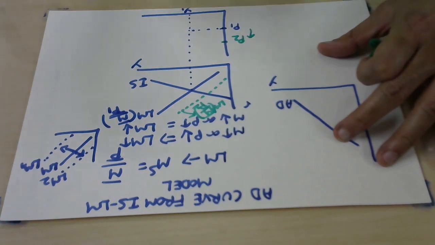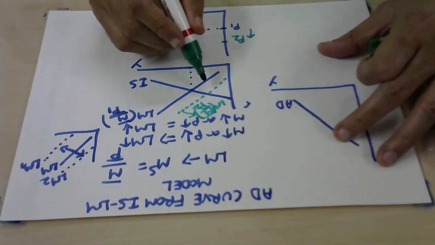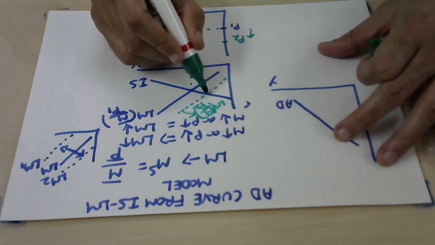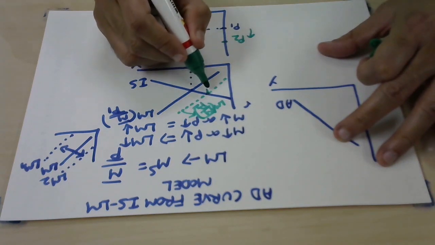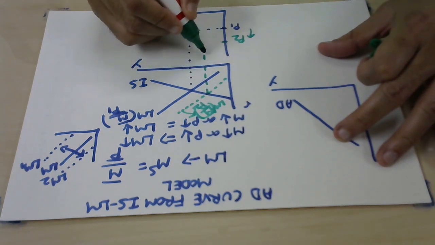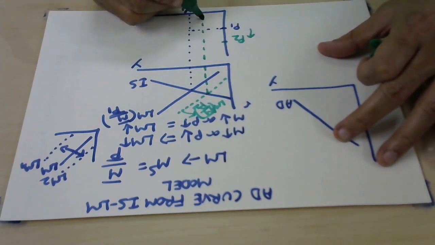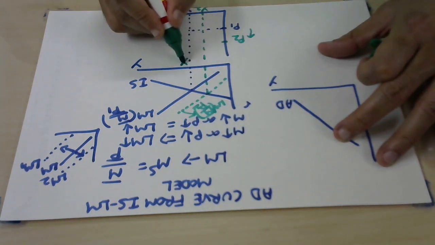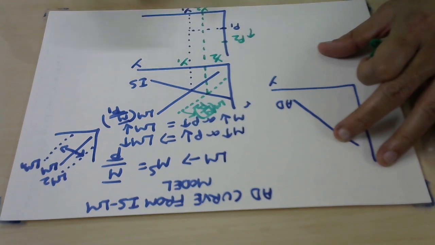Now at the old IS curve, because nothing has happened to the IS curve, what is my new equilibrium GDP? The equilibrium GDP is now Y2. This was Y1, this is Y2. So I am getting P2 and Y2 as another point.